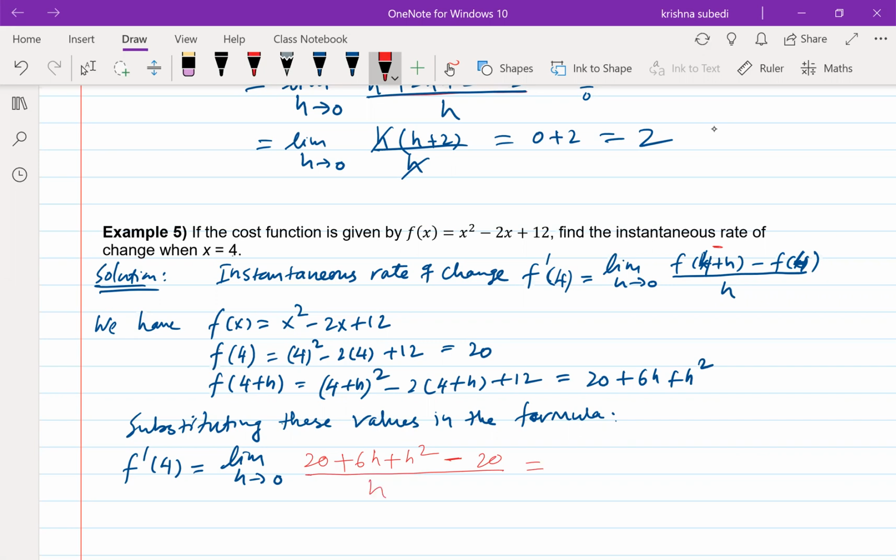If you simplify this, 20 and 20 cancel out. Now you can plug in the value directly, but if you do, you're going to get 0 over 0. So it means you have to do some algebra. I think the easiest algebra here would be to take h common, which gives me 6 plus h over h. This h cancels out. Now plug in the value. Then you'll get 6 plus 0, which is 6.